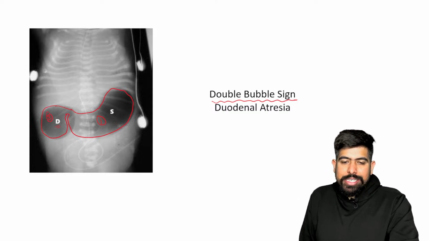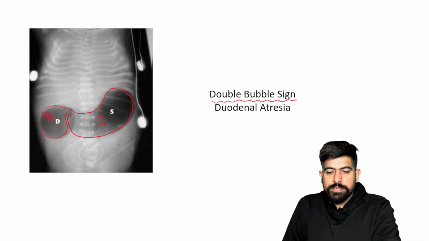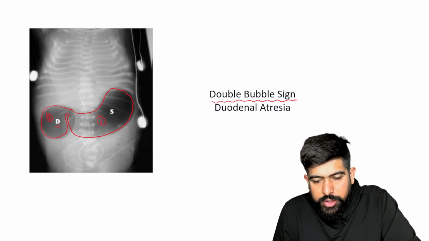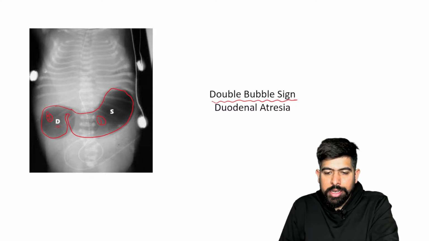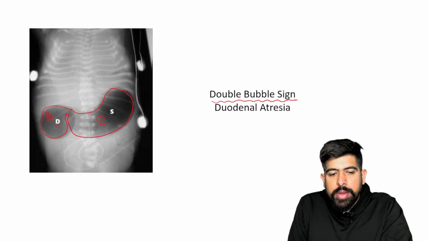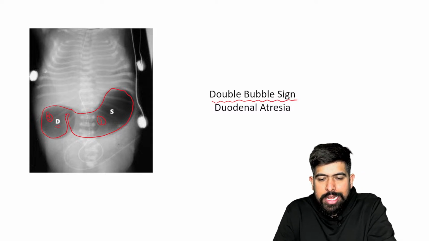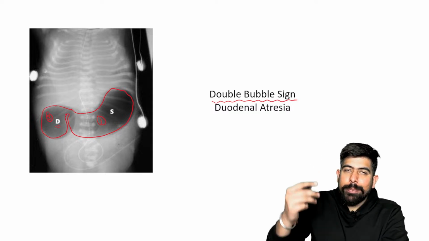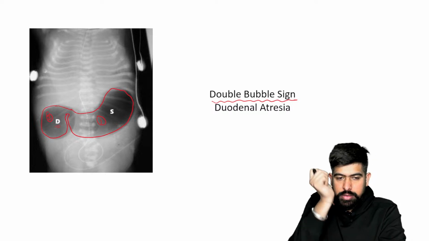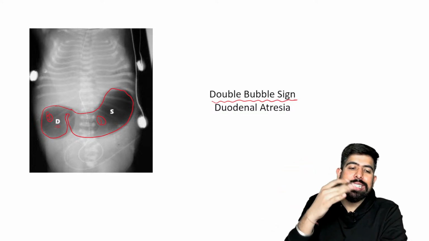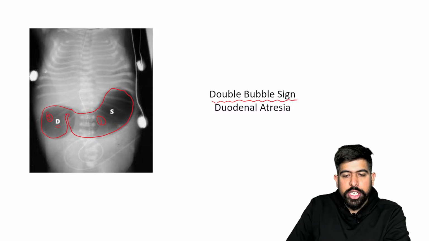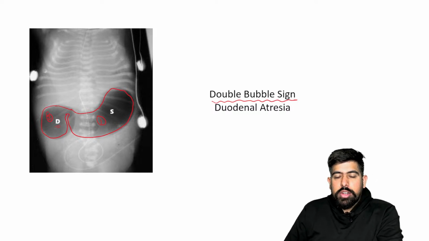Very good, doctor. Single bubble, pyloric stenosis. Double bubble will be seen in duodenal atresia. Because what is happening, the duodenum is atretic. The air passing from the stomach reaches the duodenum, but the distal duodenum is not open.